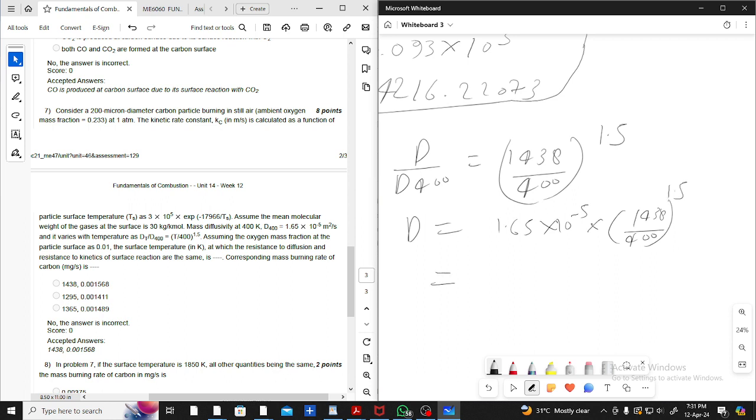It is, sir, 1.124 into 10 raised to the power minus 4. Yes, sir. Okay, 1.124 into 10 raised to the power minus 4. Yeah, this is correct.